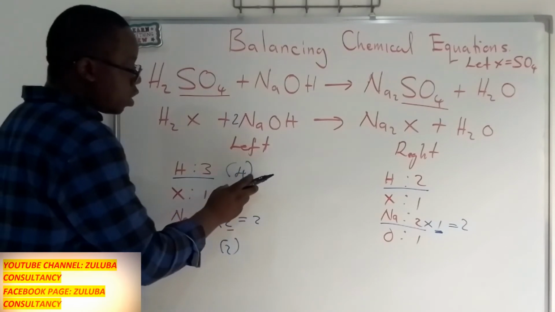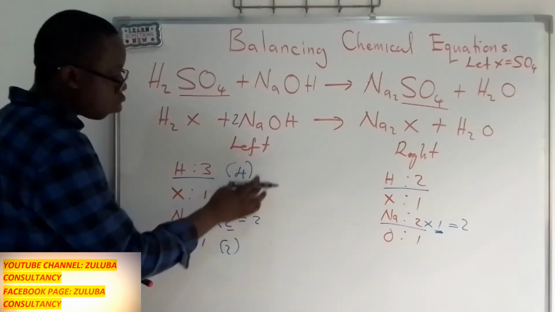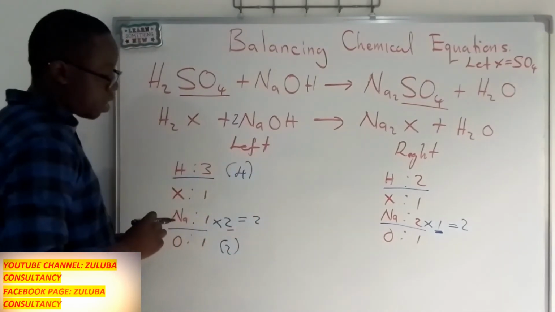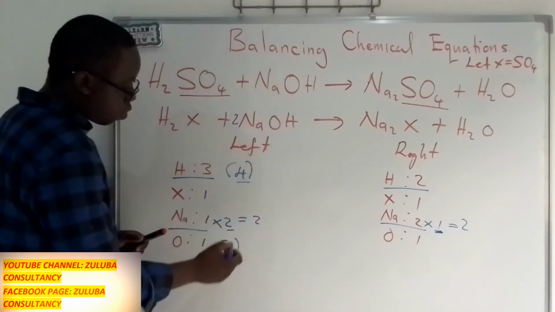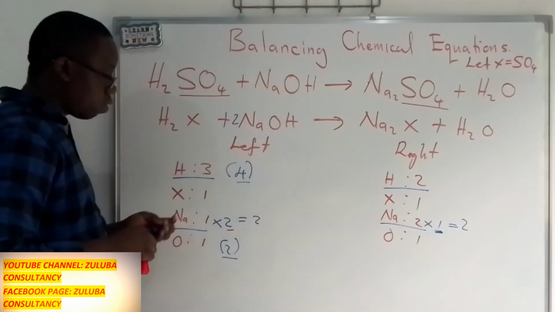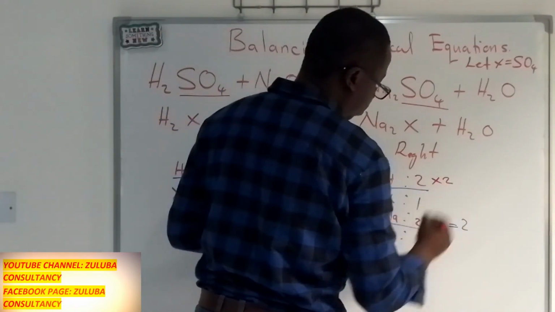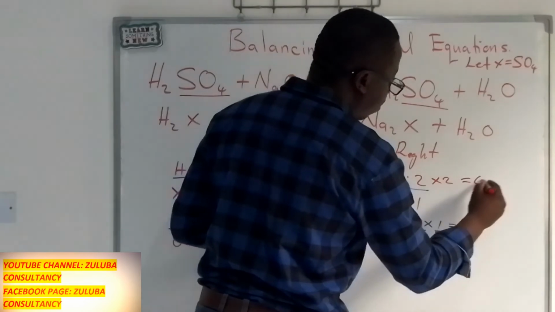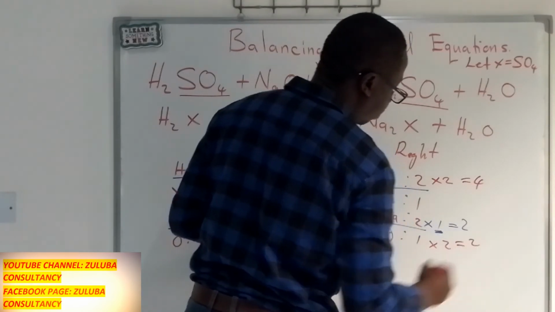So what can we do to balance off these two atoms that have been affected? You'll notice now that hydrogen is 4, oxygen is 2. So what can we do? For hydrogen, if we multiply it by 2, we'll get 4. Also oxygen, if we multiply it by 2, we'll get 2.